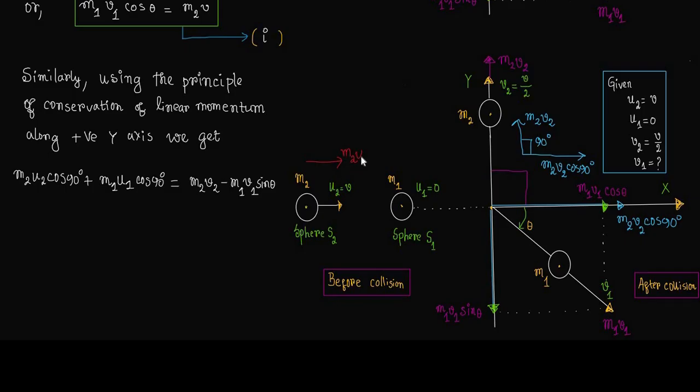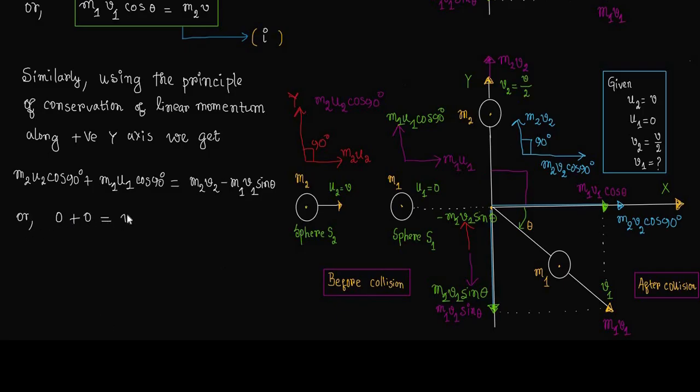Here linear momentum of S2 is m2 u2 along positive x-axis, and component of m2 u2 along positive y-axis is m2 u2 cos 90 degree. Similarly, m1 u1 along positive y-axis is m1 u1 cos 90. The component of m1 v1 sin theta is along negative y-axis, so along positive y-axis it is minus m1 v1 sin theta.